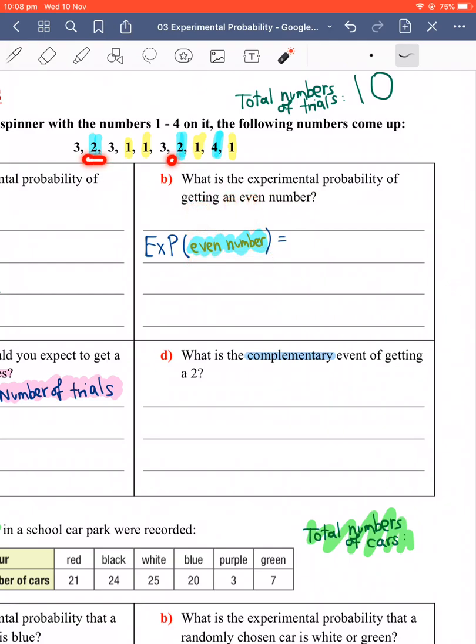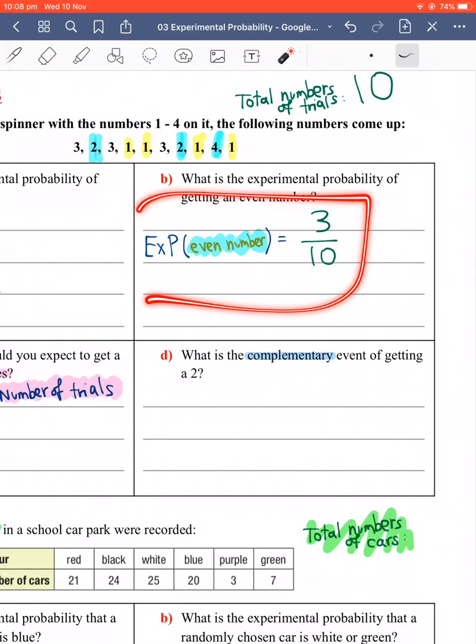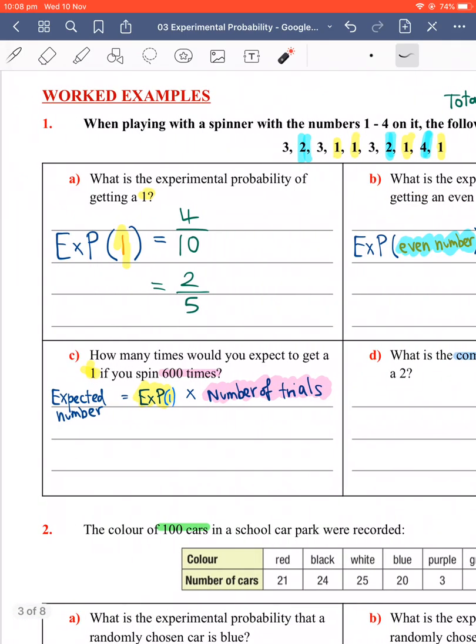So I have 1, 2, 3 of those that have actually occurred in my total number of trials, which was 10. So that is my experimental probability. Make sure as well that you write the little EX next to the big P and then your event in brackets with an equal sign to make sure that you're following the proper notation.